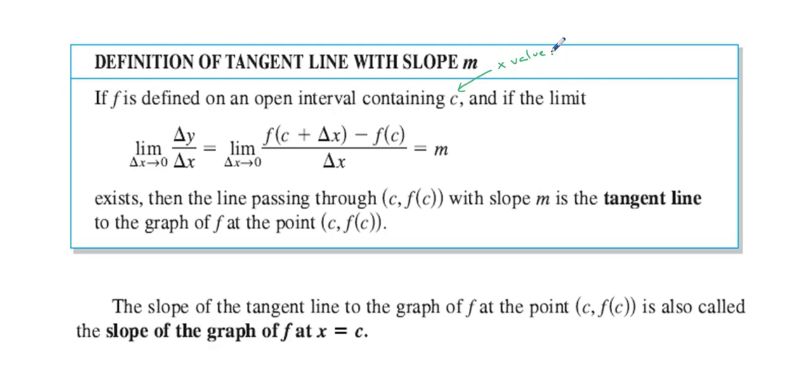If that exists, then that line passing through c, f of c is the tangent line with slope m.